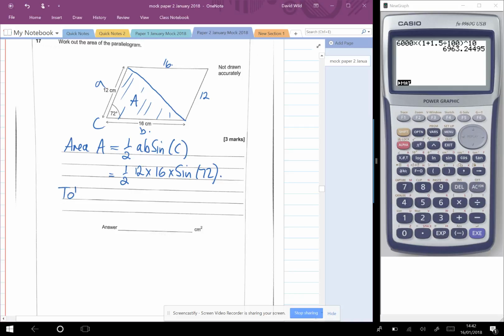So my total area is twice that, so this half will cancel. So this is 12 times 16 times the sine of 72. So we'll put that in the calculator, 12 times 16 times the sine of 72. And we're left with 182.6. And this time we're using one decimal place, 183 to one significant figure if we prefer.